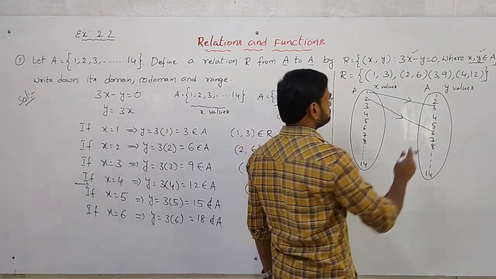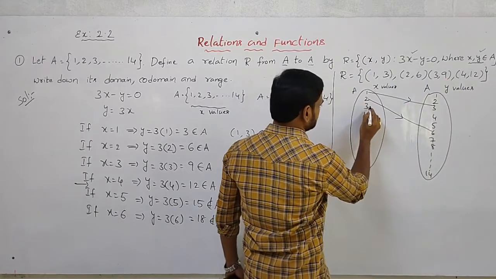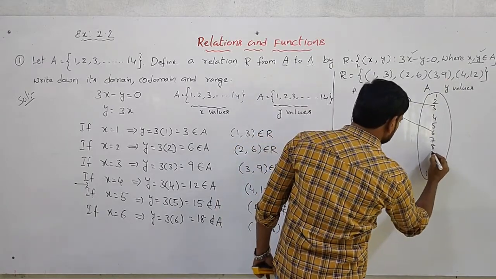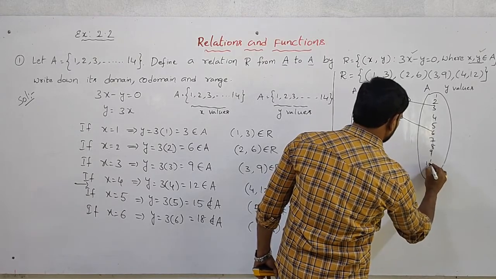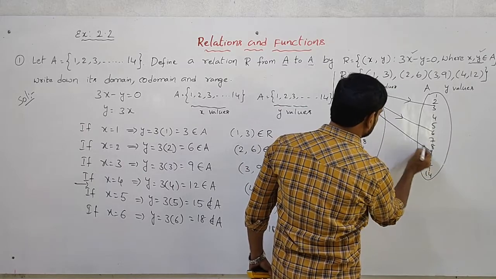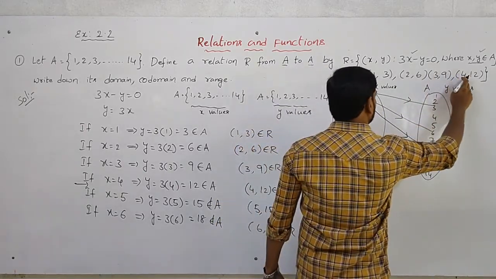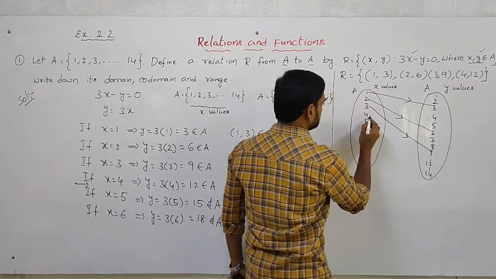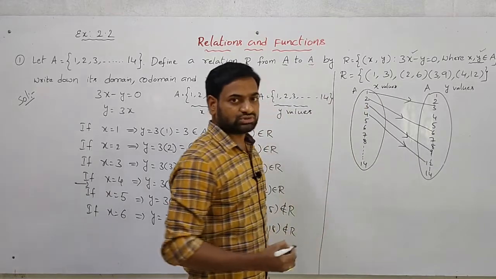Next, X value is 3, Y value 9, so 3 to 9. Next, X value 4, Y value 12, 4 to 12. So it is the mapping.